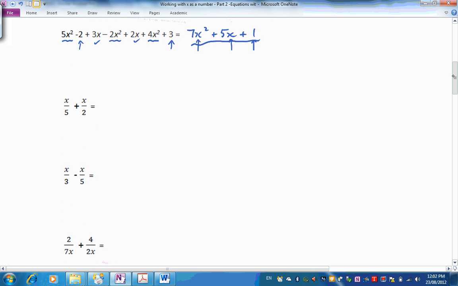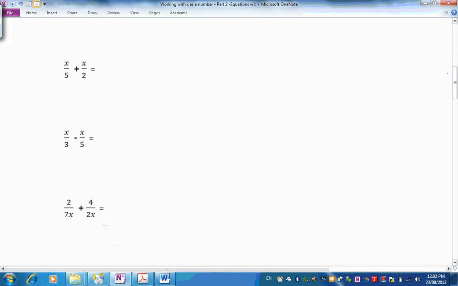Now, these last 3 were a bit different, and this was really revising what your work with fractions was about. So in Xland, of course, we want a common denominator here of 10, so we multiply the first one by 2 over 2, plus the second one we'll multiply by 5 over 5.